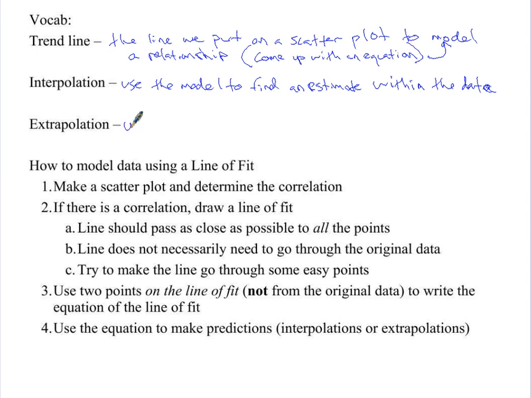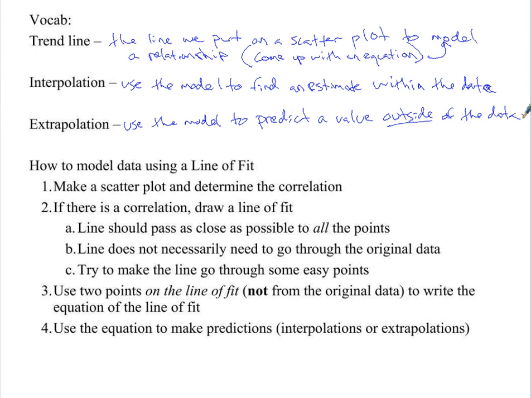Extrapolation uses the model, so use the model to predict a value outside of the data. And on that foot length versus height thing that we did, when we found out my height, I was outside of the data because I'm way taller than everybody here and my foot is longer than everybody here.